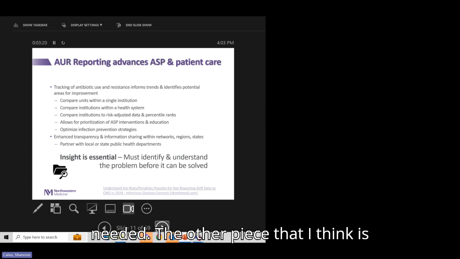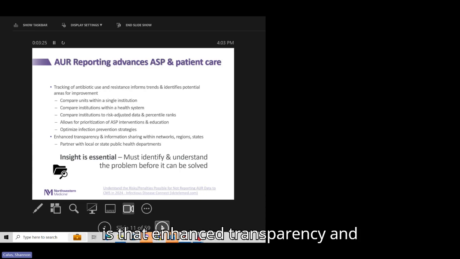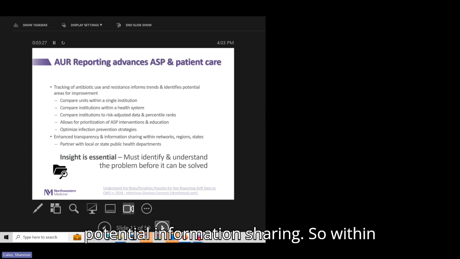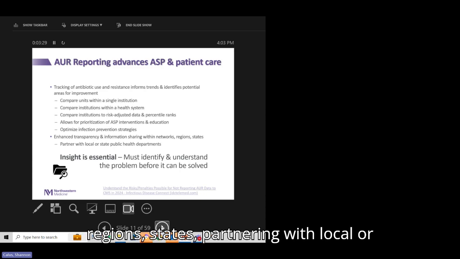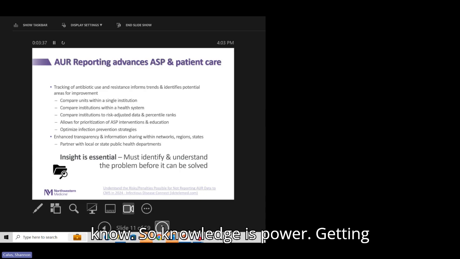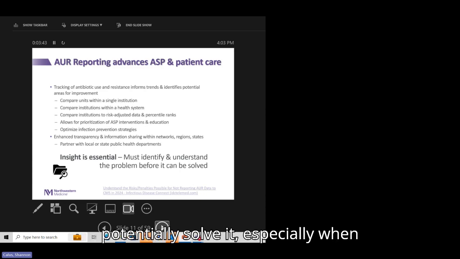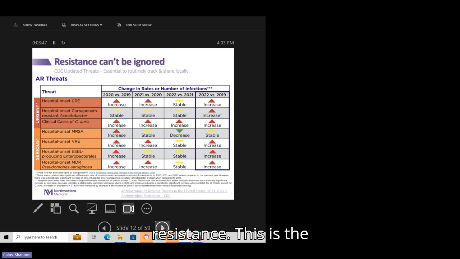The other piece that I think is really beneficial from reporting to AUR is that enhanced transparency and potential information sharing. So within regions and states, partnering with local or state public health departments is something that we should be able to leverage more, because we need to know. Knowledge is power. Getting insight into this is going to be important to be able to identify and understand the problem. That way we can potentially solve it, especially when we're talking about the threat of drug resistance.